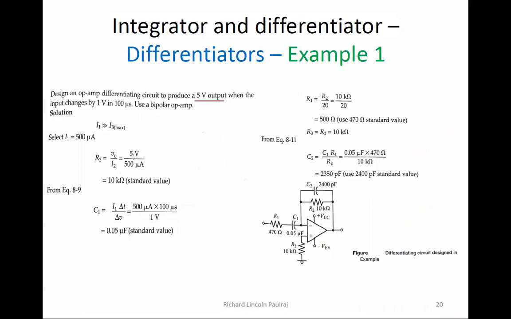So 5 volts is from the question, and I2 is going to be 500 microamperes. Try to divide this and tell me if it's proper, students.